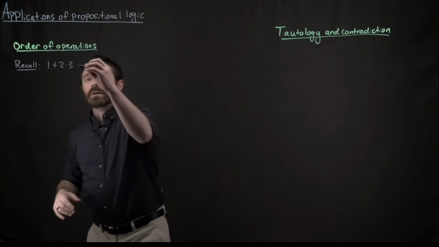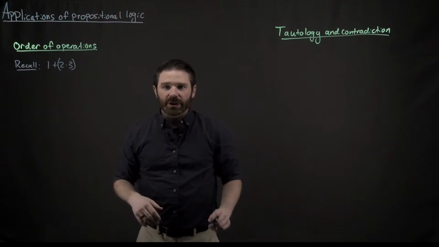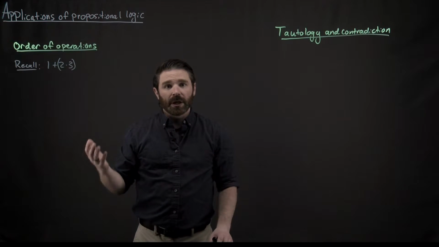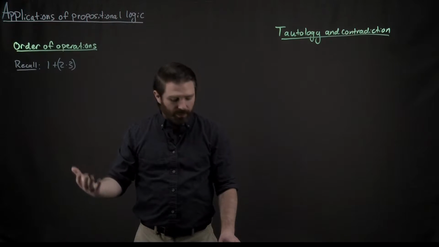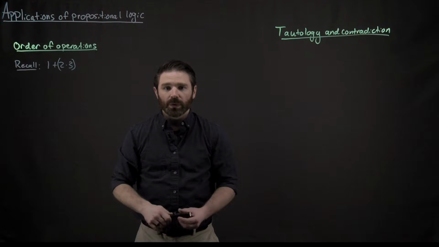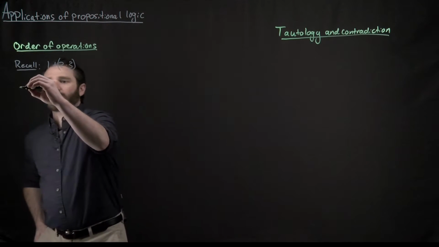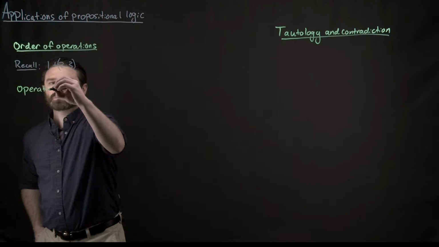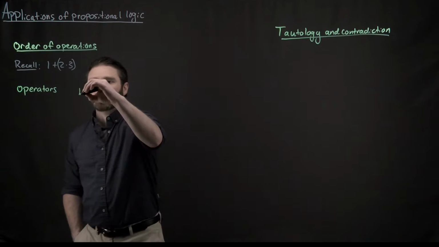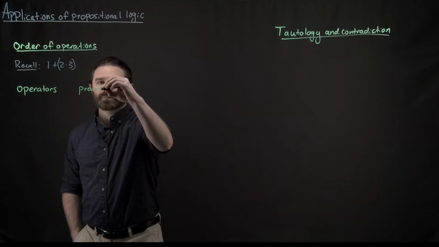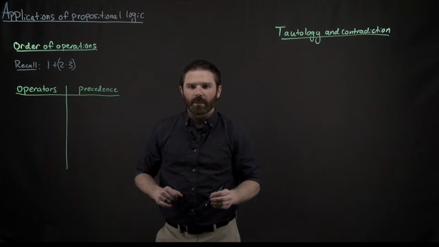So in particular right here, of course, we recall that the multiplication trumps the addition, and so we're going to do the multiplication first before we do the addition. Similarly, there is an order of operations when it comes to propositional logic. So in particular, we have our operators, and we also have our precedence of the operators.